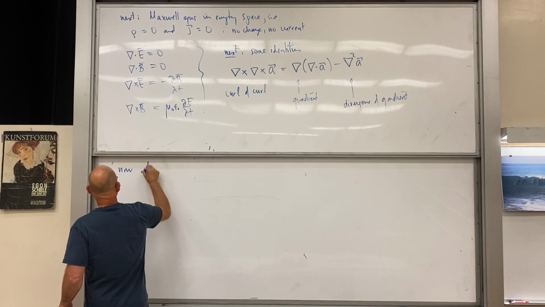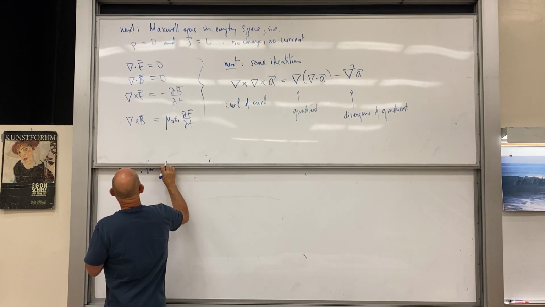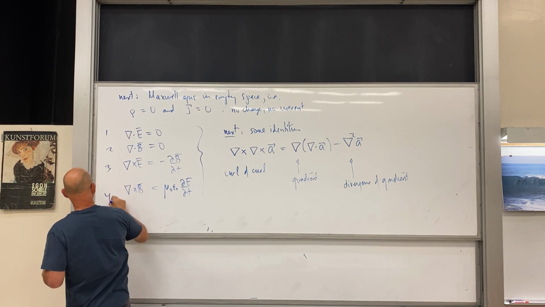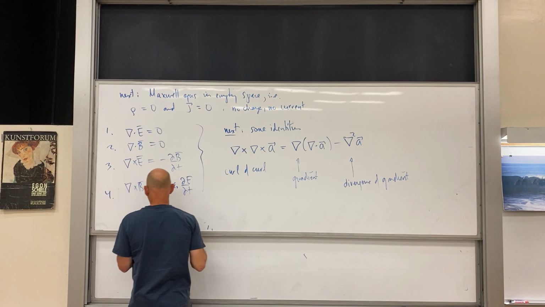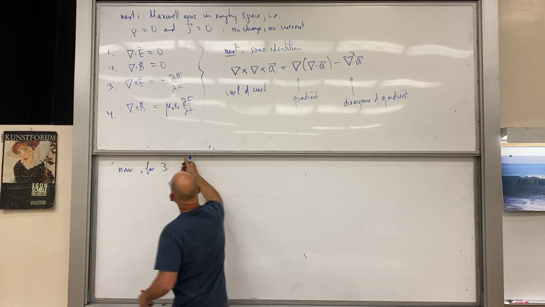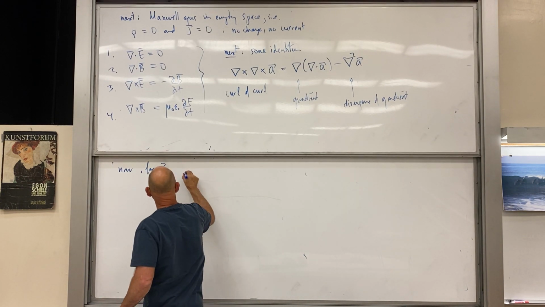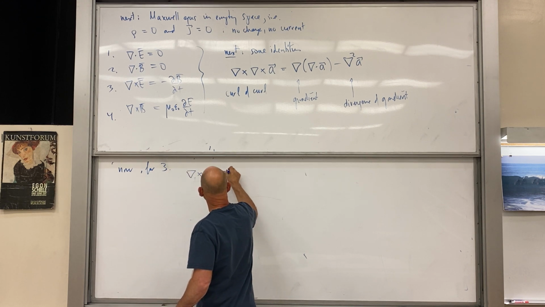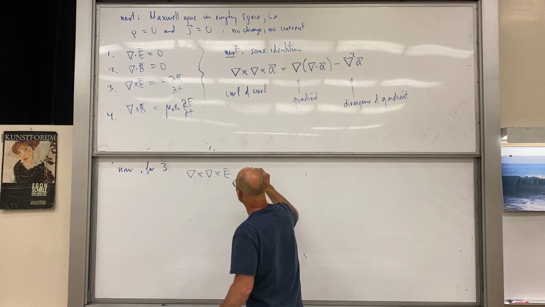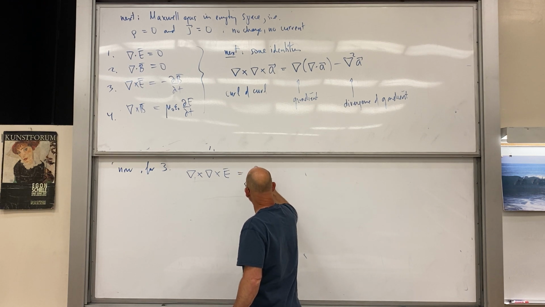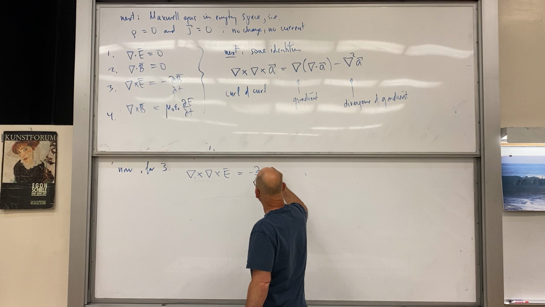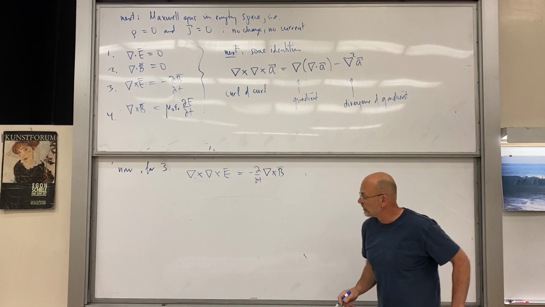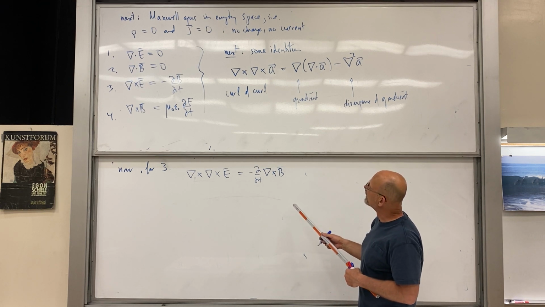Now for equation 3, I'll keep numbering these 1, 2, 3, and 4, right? So for equation 3, we have the curl of E is equal to minus d over dt of the curl of B. Okay, we're exchanging derivatives, no problem there.